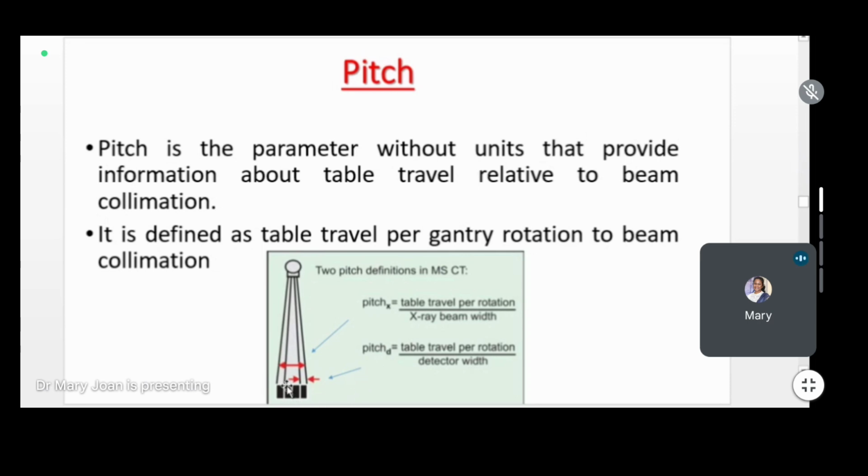Here you can see that this is the X-ray width and this is the detector width. You can see one dark square here. This is the detector width and this is the beam width.